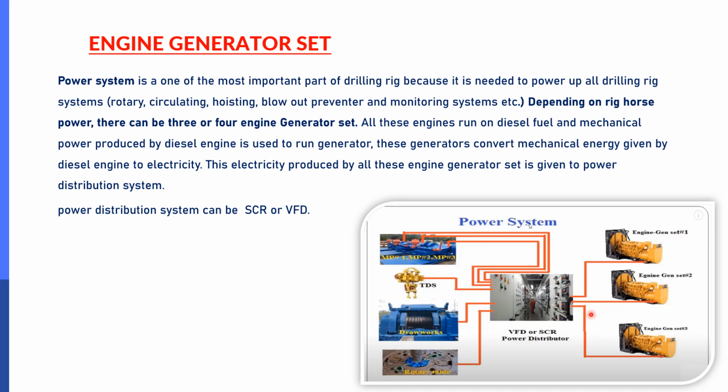The electrical energy produced by the generators first comes through the cable to the SCR, which is the power control system, or power distribution system, or we can say the power system. And then it is supplied to the multiple equipment of the rig.